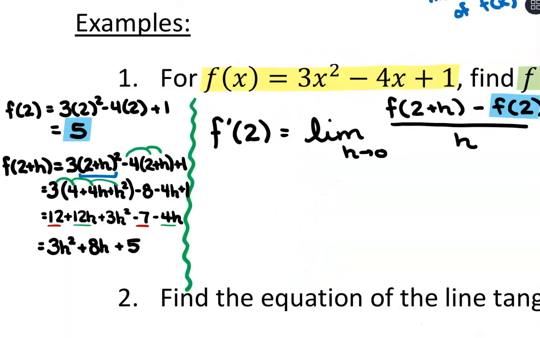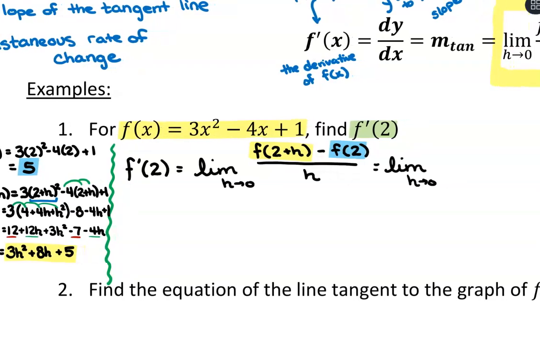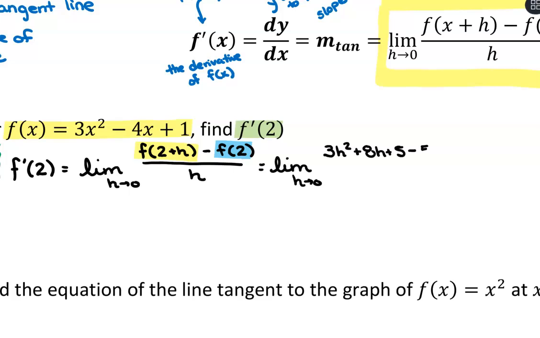Now that I have that, I have this expression that I can just substitute in for f of 2 plus h. So if I go back to my limit definition over here, this is evaluating the limit as h approaches 0. f of 2 plus h can be replaced with the 3h squared plus 8h plus 5, and then minus f of 2, which we found is 5, all divided by h.